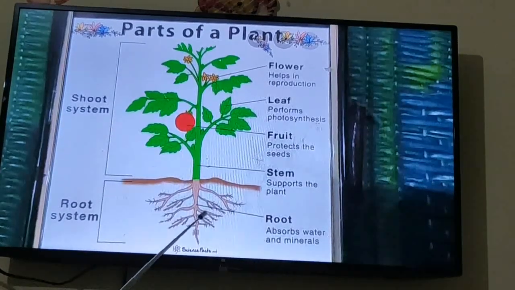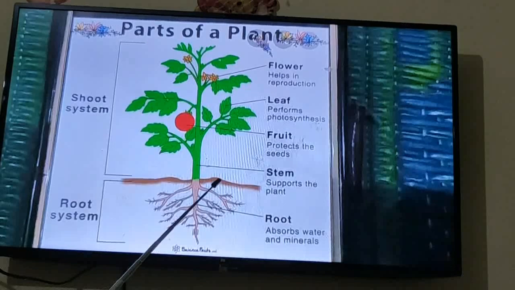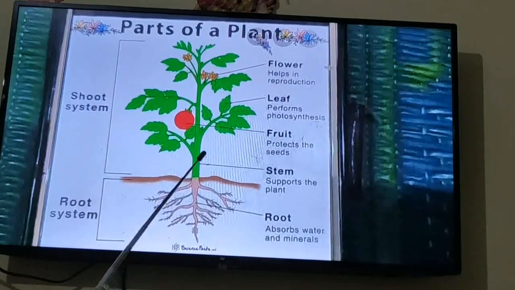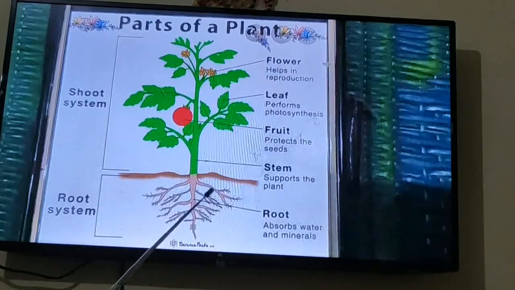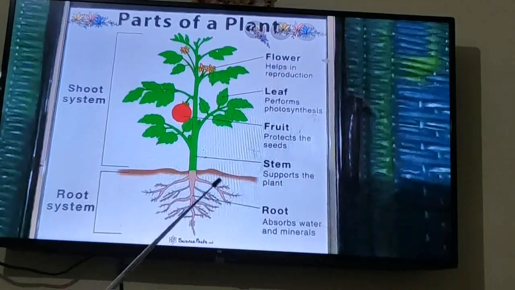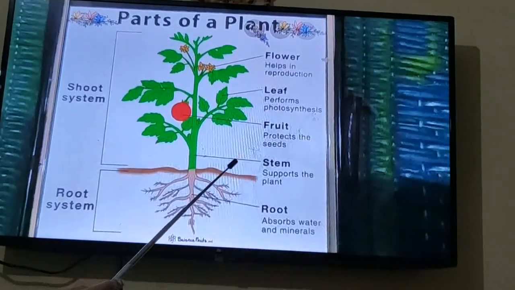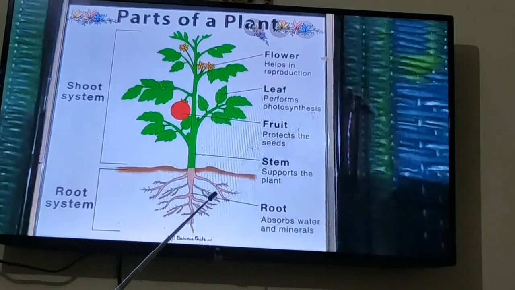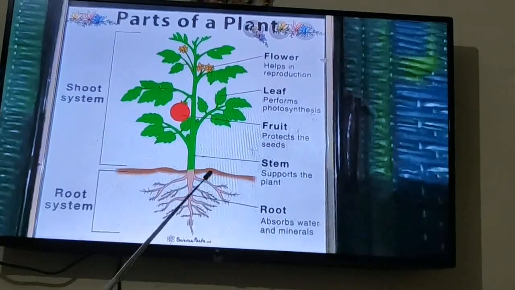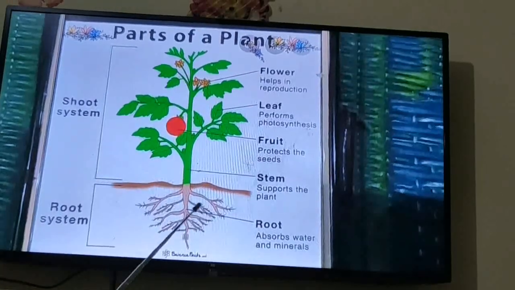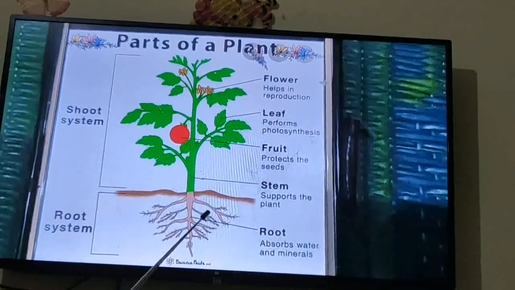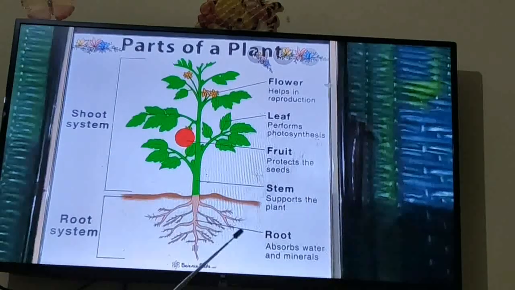Now the second work of roots is soil conservation. It means they prevent the soil from being blown away by wind or washed away by water. Have you seen that in an open area where there is no plant, too much dust of soil is blown with the wind?